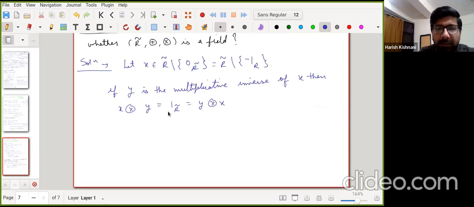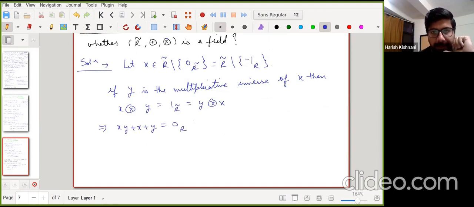So if we see the first part, then the second part will also follow, because we have already seen that this product is abelian. So this implies x times y is xy plus x plus y, and the 1 of R tilde is 0 of R, right?